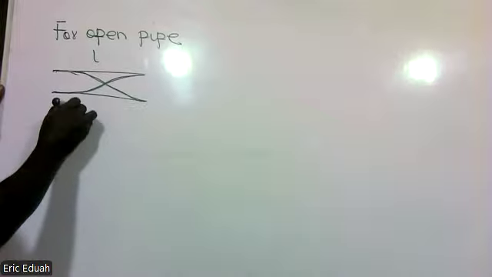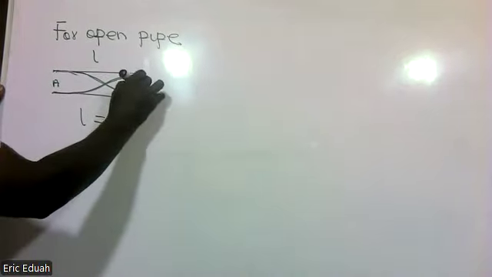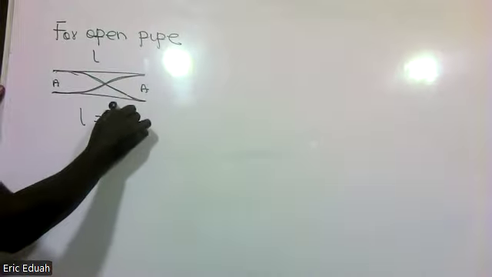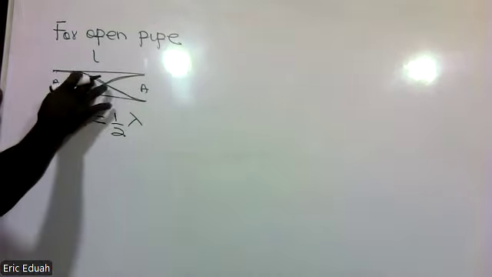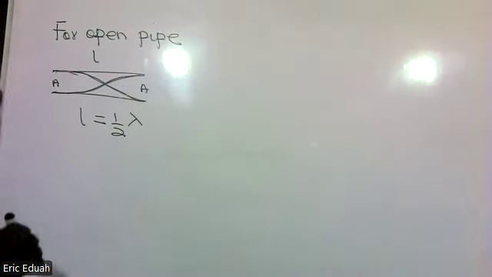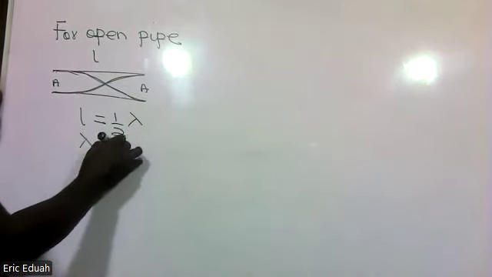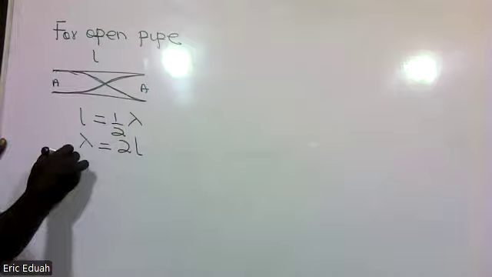Therefore, L is equal to, this is antinode, antinode, so we have half of lambda, quarter plus quarter, so half. Therefore, lambda will be equal to 2L.